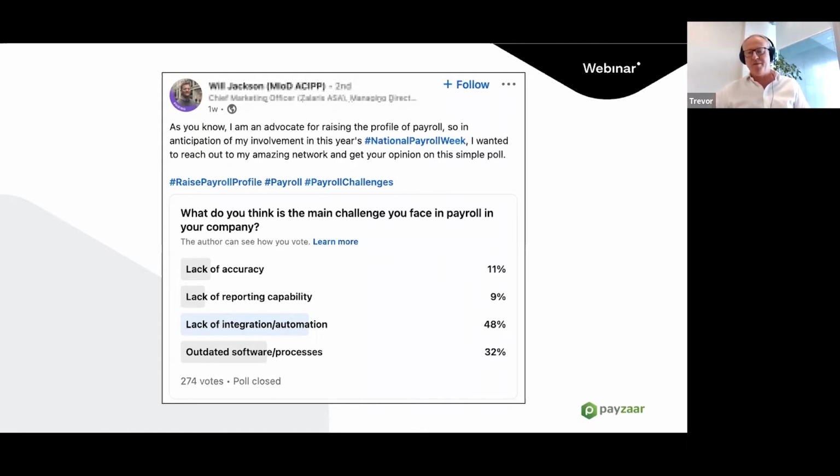So 80% of people's time is in blocking and tackling. And because things are so fragmented and disjointed, no wonder there's a major lack of accuracy highlighted on this. I think there were something like 270, 280 people who responded to this little pulse survey.